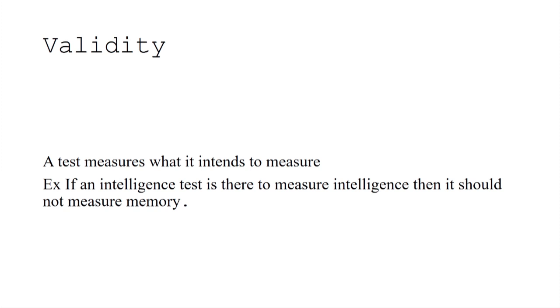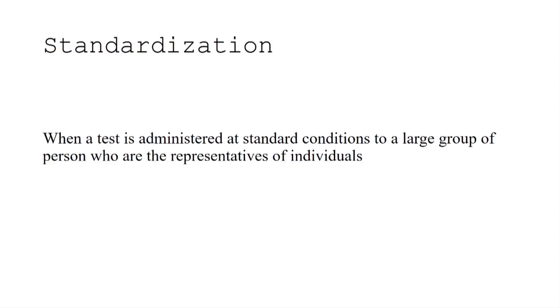But it cannot measure how much water is there in the milk. In the same way, any test being used should measure what it intends to measure, because there are different kinds of tests: intelligence tests, memory tests, personality tests, verbal reasoning tests. If an intelligence test is administered to check the intelligence level, then it should not measure the memory. That is what validity means.